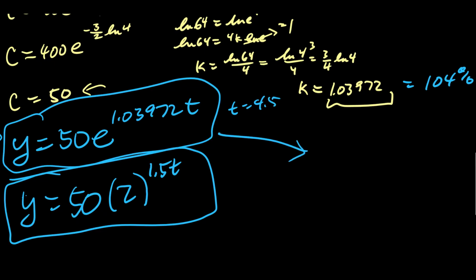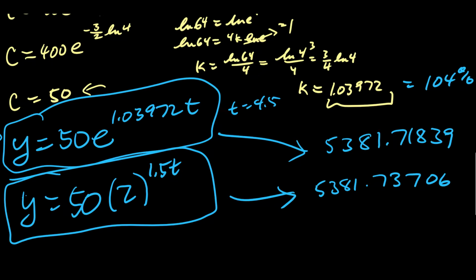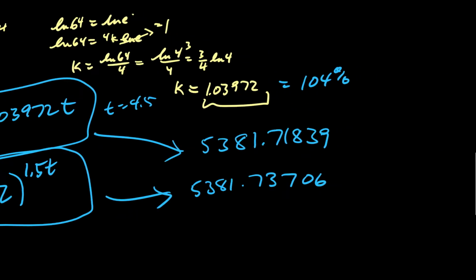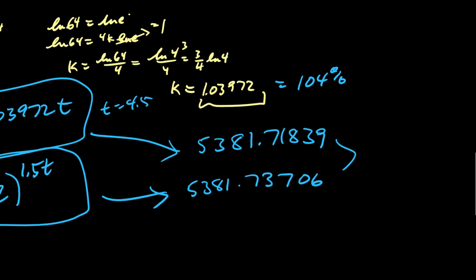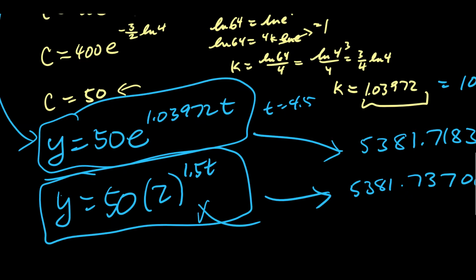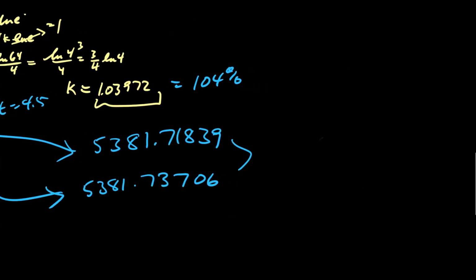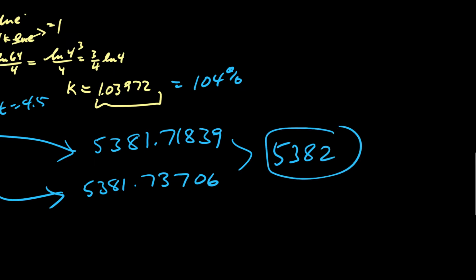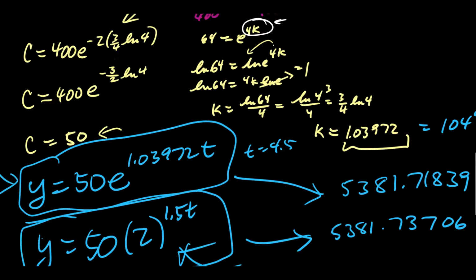I did these on the calculator, and they're virtually identical. So it's really not worth going through all the math to get to this equation right here. And so we get 53.82 cells.